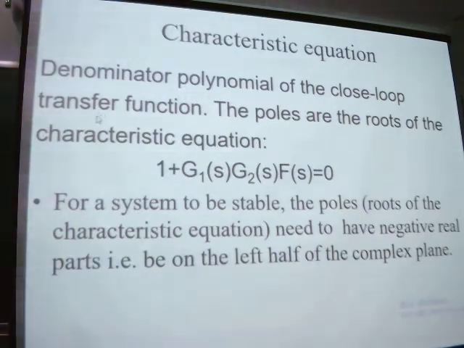Now, let's see another very important content: the characteristic equation. The characteristic equation is the denominator polynomial of the closed loop transfer function. What do I mean? Remember the closed loop transfer function.